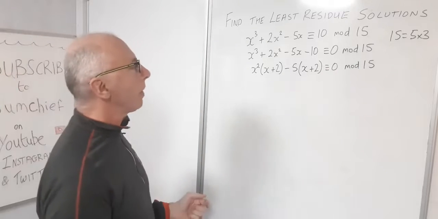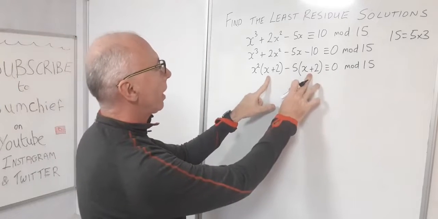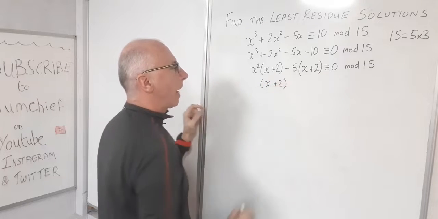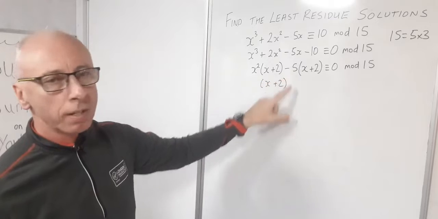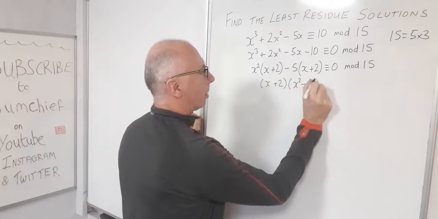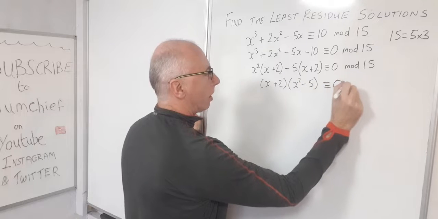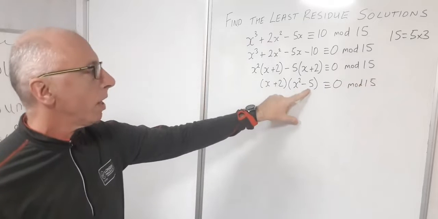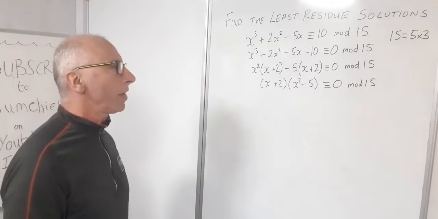And now because we're factoring by grouping, we can single out this x plus 2 and multiply that by our x squared minus 5. And that's as far as we can factor that. So x squared minus 5, we'll leave it like that for now.